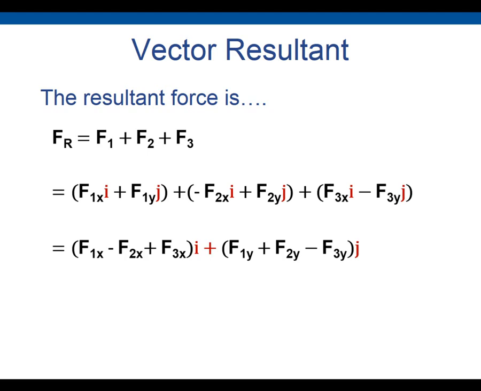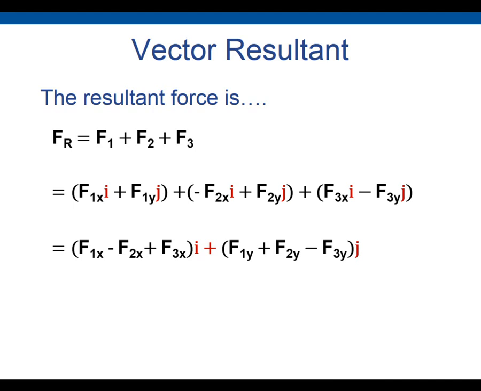Okay. So you can see that (F1x minus F2x plus F3x) i, okay, plus (F1y plus F2y minus F3y) j.